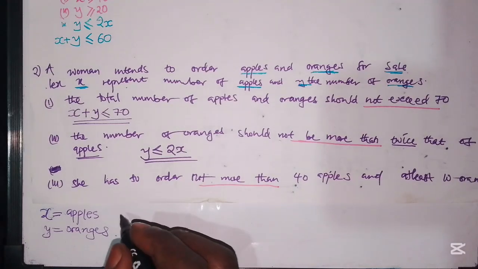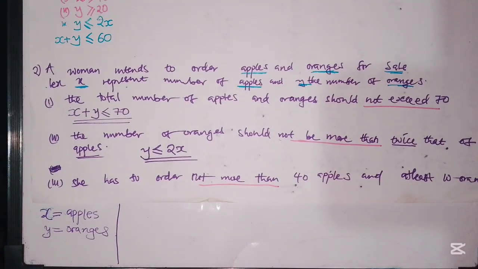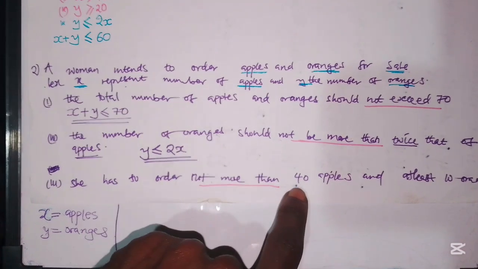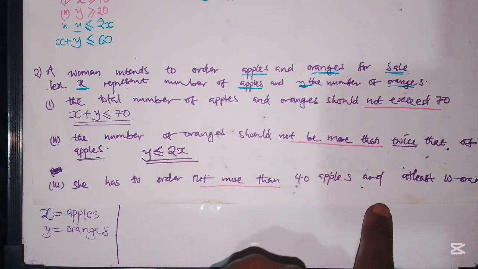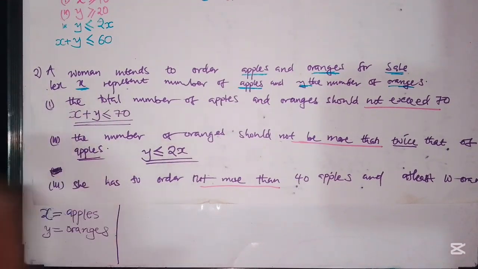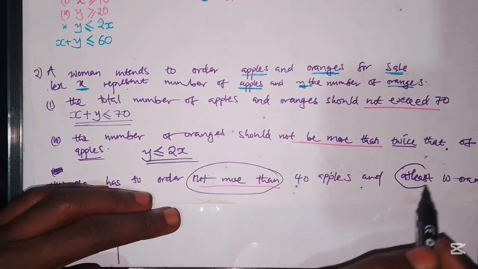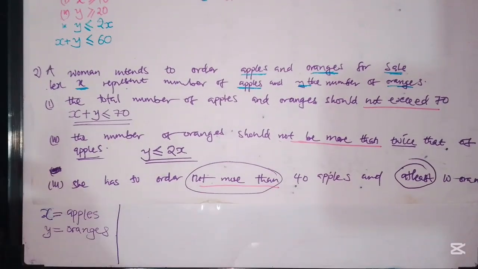Simple as that. Now the last one is saying she has to order not more than 40 apples and at least 10 oranges. Here, if you remember, I told you to look for words. We have not more than and at least. So in this last sentence, we have two inequalities which we are supposed to make.